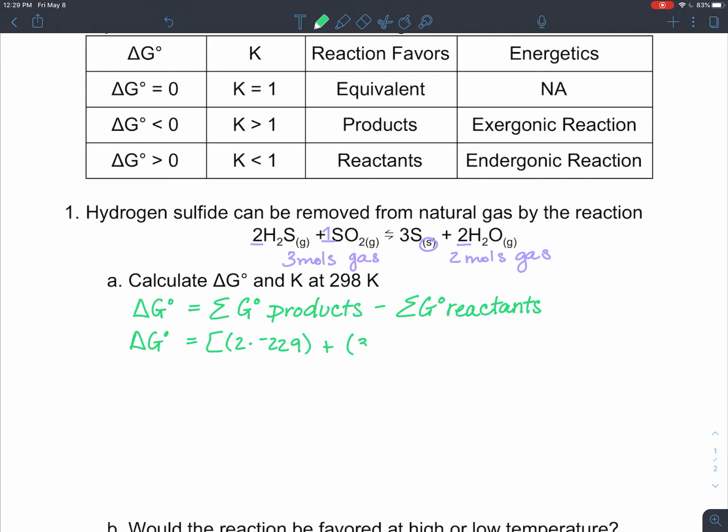Of course, the O2 is going to be 0. I like to write that out still, just to make sure that I am accounting for it. The S, sorry, products. Here we go. That's going to be 0. There's where my 3 is. But I always like to represent it anyways.